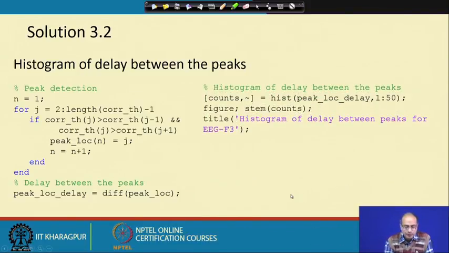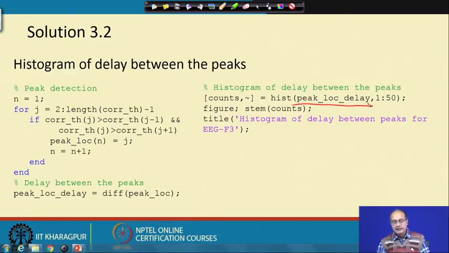Next, with the help of that we create the histogram of peak location delay, and as there would be a number of values, we are restricting it to the first 50 delays, okay, because high values with very low count are not of any use.